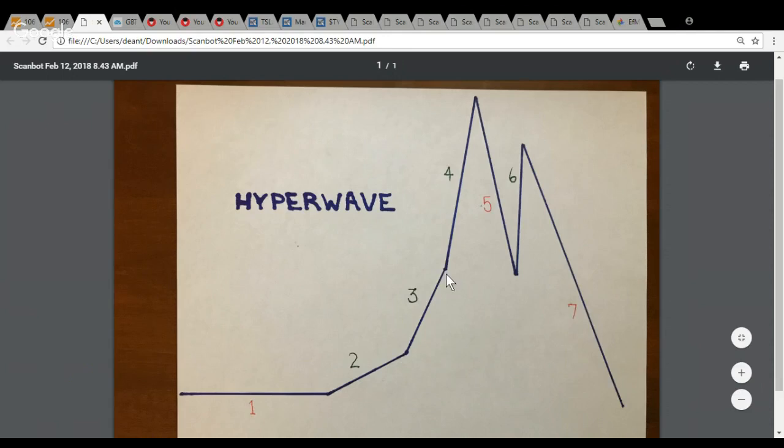And 2 and 3 are about the same in terms of the length of the lines. 4 tends to be the longest of 1, 2, 3, and 4, except for 1. The 1 can go on for years and years and years before there's any sort of a breakout. But when 2, 3, and 4 start, these relationships are fairly accurate, although there are longer and shorter ones.